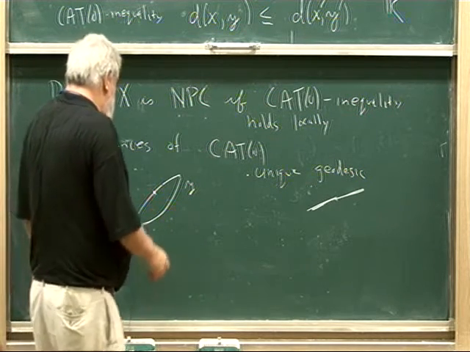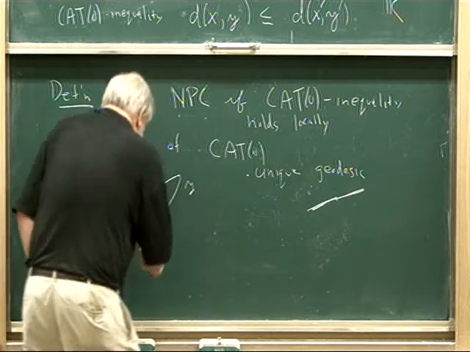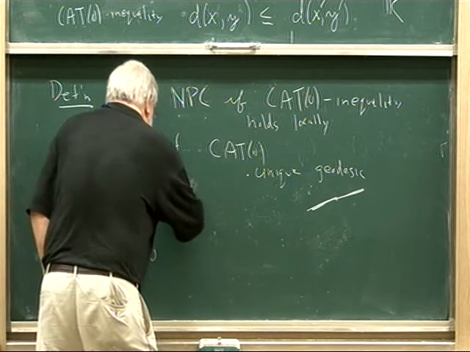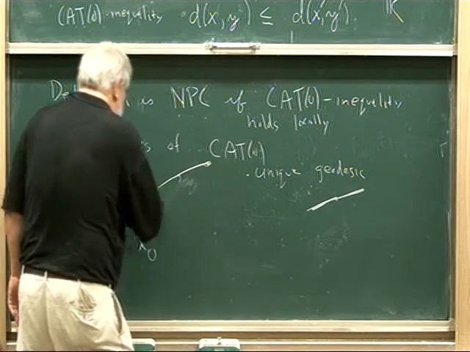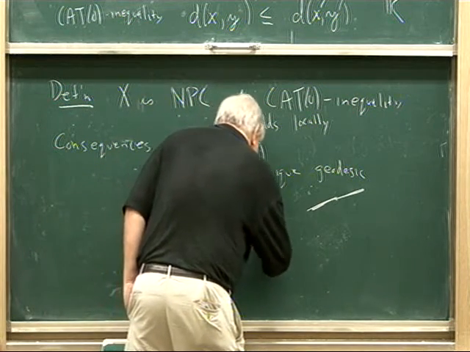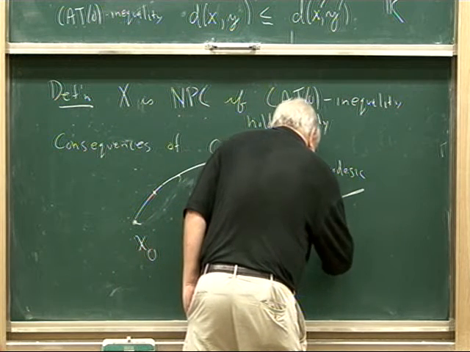So it's unique geodesics, and more generally you can use this to show that the whole space is contractible. It takes a little bit more than just unique geodesics, but CAT(0) implies contractible.